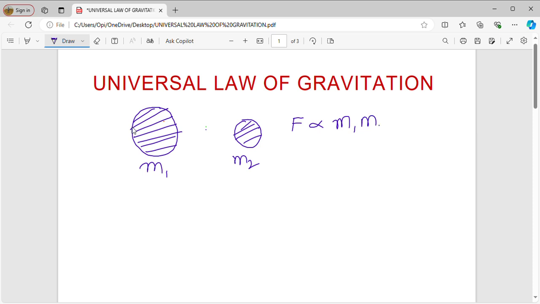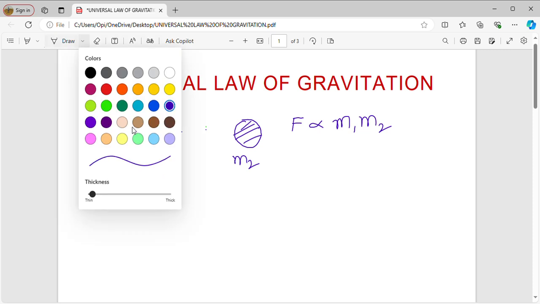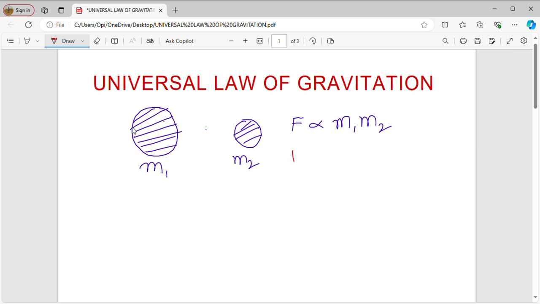It also says that the force between them is inversely proportional to the square of the distance between them. This is the center of this object and this is the center of this object, and say the distance between them is d.